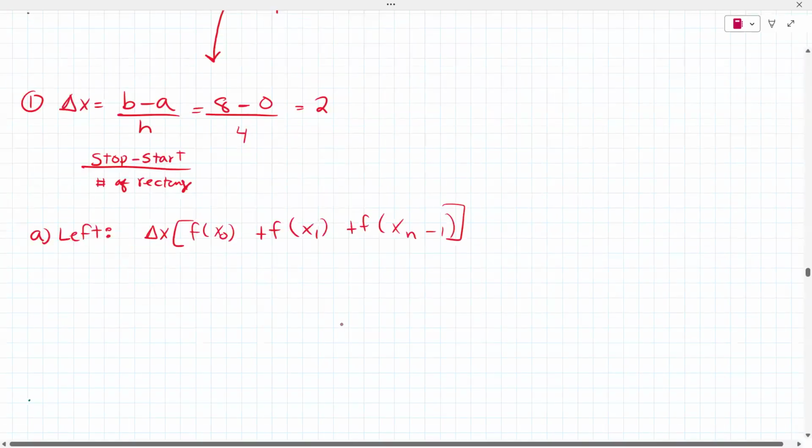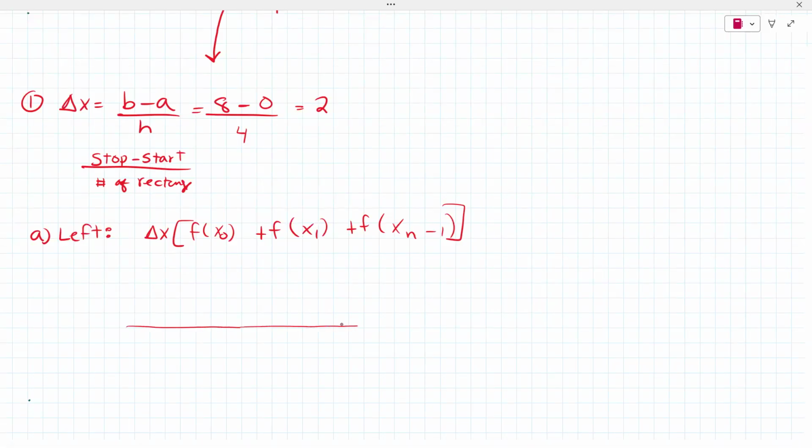So now let's draw our rectangles. So we're going from 0 to 8, right? Here's 8. Here's 0. Here's 2, here's 4, here's 6.